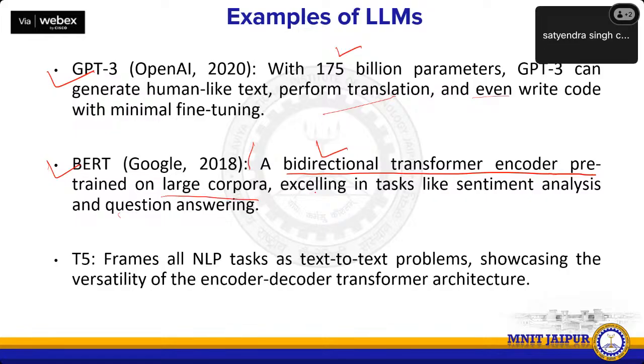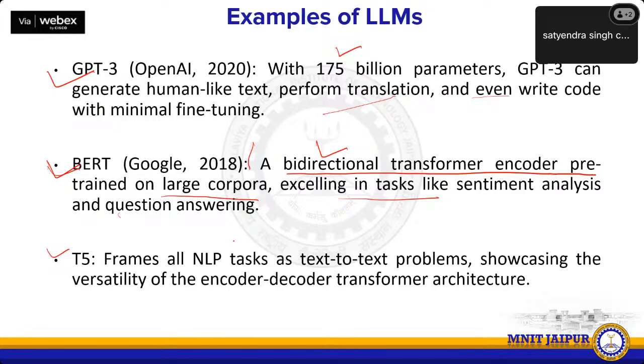If you want to perform text classification or sentiment classification, for example fake news detection, any task which involves text and classification, then BERT is one of the best models. T5 uses both encoder and decoder, like in machine translation tasks.